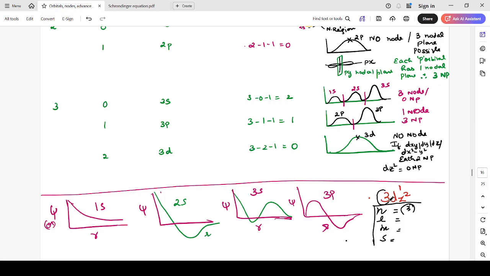As you said, L will be 2, ma'am. Then M will be minus 2 or plus 2, ma'am. Check your classwork for dz square. What is the M value?